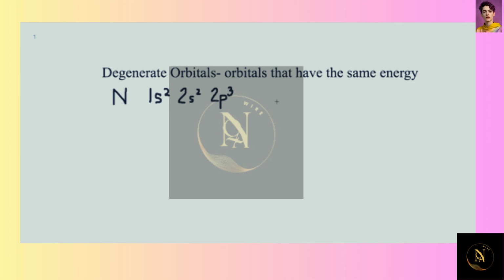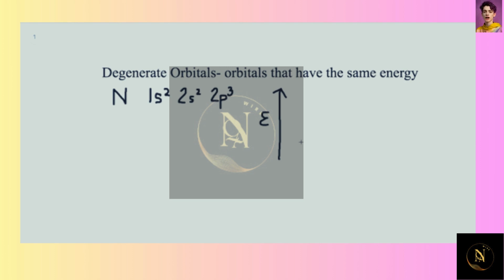When I draw the orbital diagram, I'm drawing it in terms of energy. This arrow represents an increase in energy. The electrons in the 1s orbital are closer to the nucleus, and the positive and the negative charges attract.